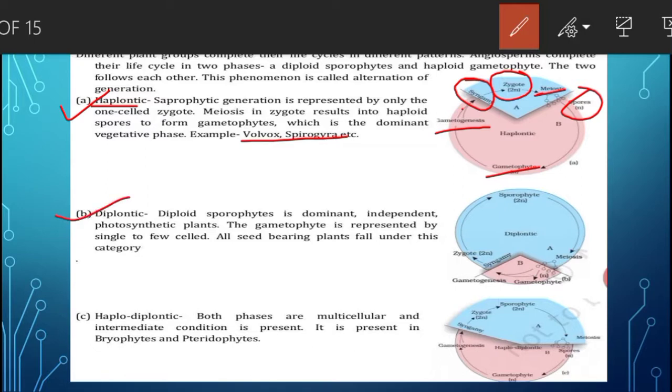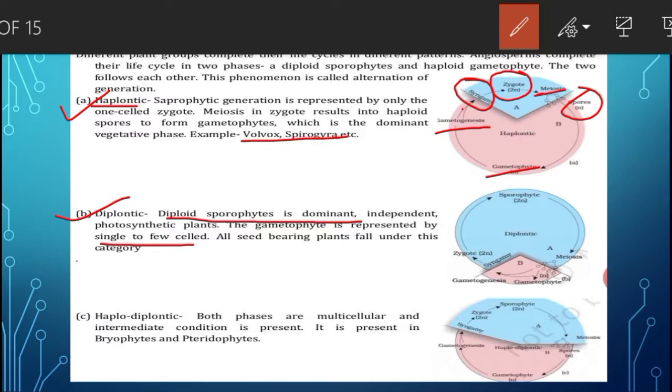Then the second is the diplontic life cycle. In this type, the diploid sporophyte is the dominant. The multicellular diploid phase is called the sporophyte. The gametophytic phase is represented by a single to few celled haploid gametophyte.